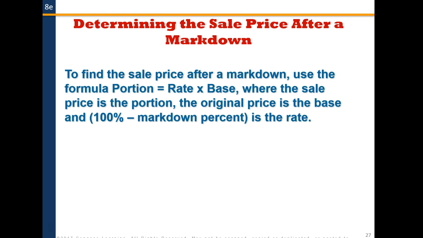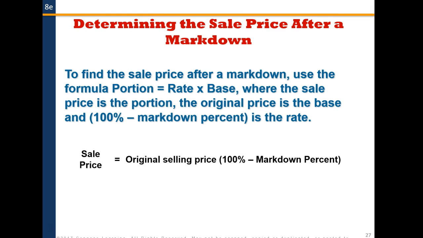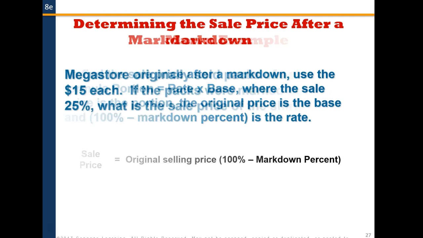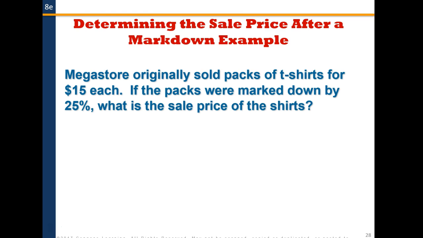So now let's take a look at this slide. Determining the sale price after a markdown. The way that we do this is sale price equals original selling price times the quantity of 100% minus the markdown percent. Let's take a look at an example. Megastore originally sold packs of 12 t-shirts for $15 each.